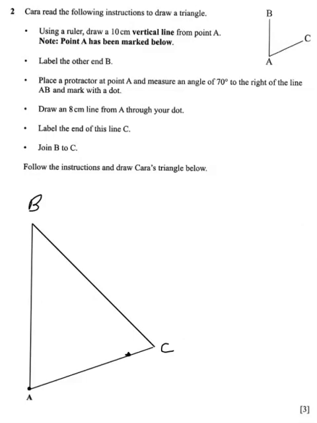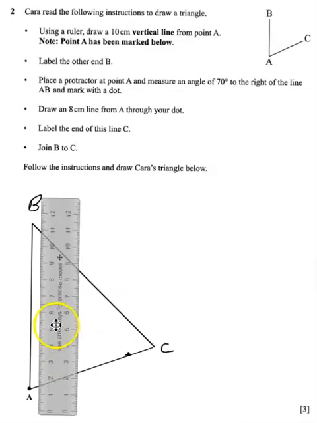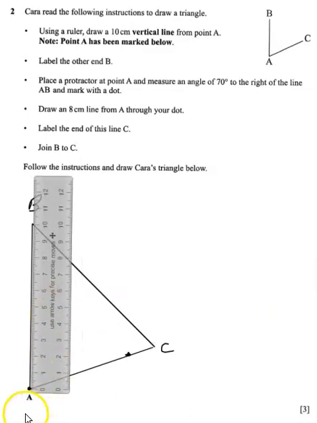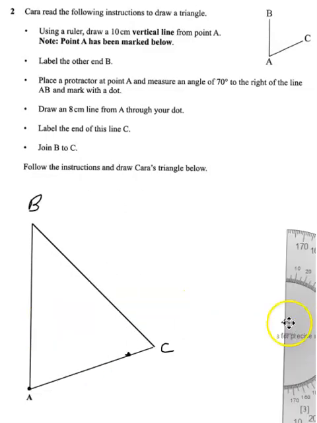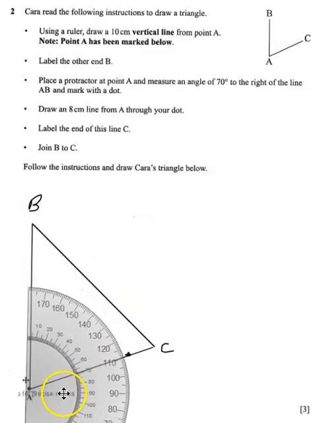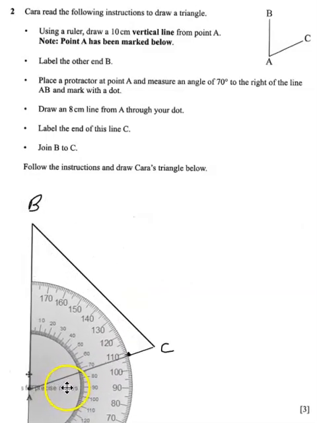For question 2, using a ruler, draw a 10 centimetre line, so it's basically following instructions. And this A was already positioned there. So what you're doing is taking your ruler and measuring 10 centimetres and drawing a vertical line. Next, you get your protractor and measure 70 degrees.